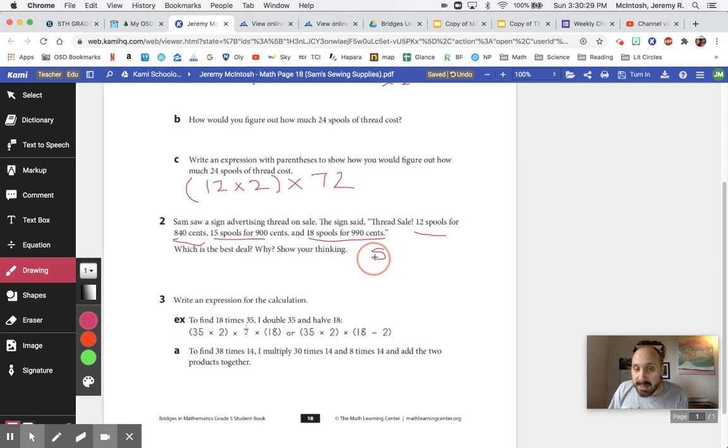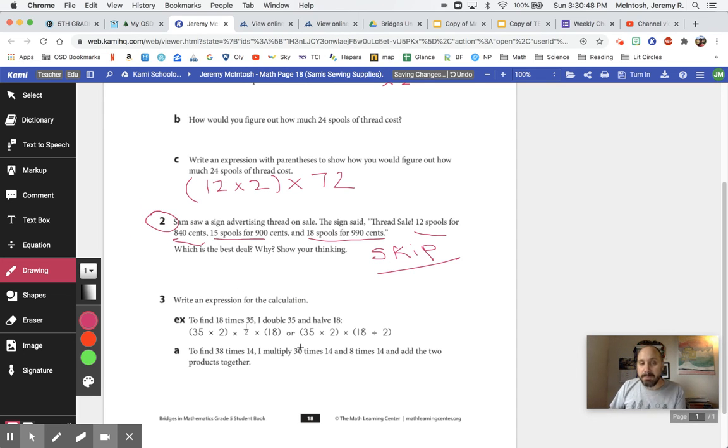So you can skip this, or if you want to give it a go and show Mr. McIntosh your math expertise, then please go for it. But you may skip number 2, which is the best deal, and show your thinking. These are ratios. So think about how you would solve that if you want to try it. So number 2 is optional.